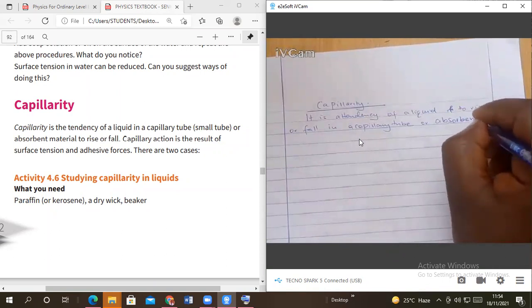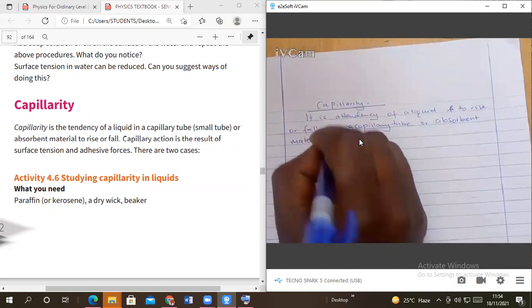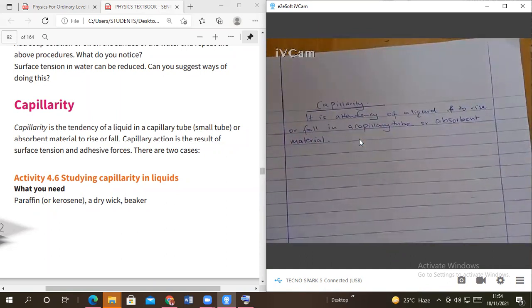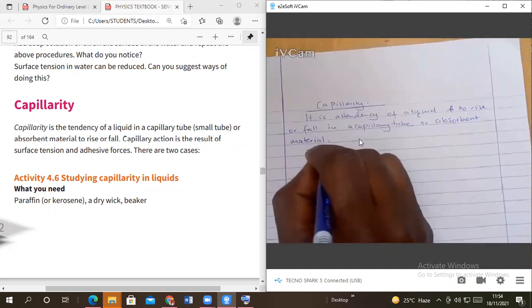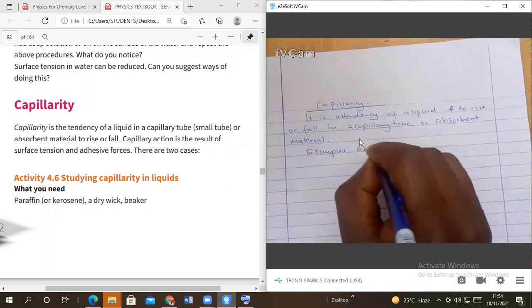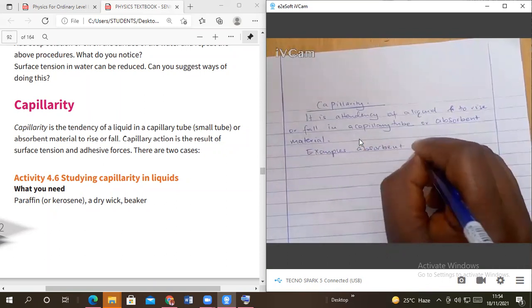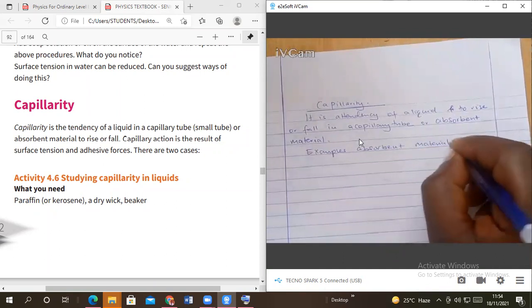What is an absorbent material? A material that can easily absorb liquids. Examples of absorbent materials: materials that can easily absorb liquids.